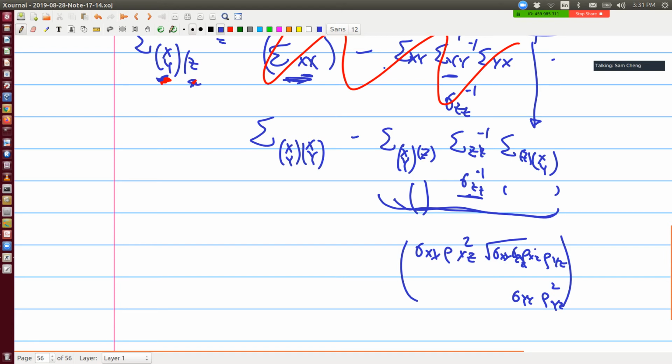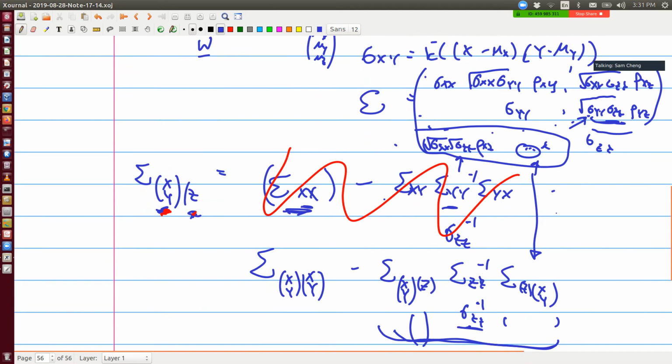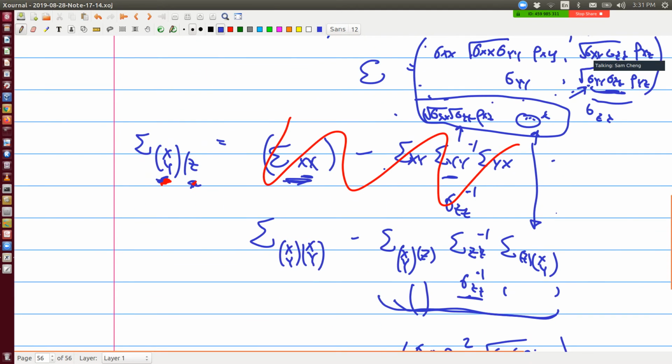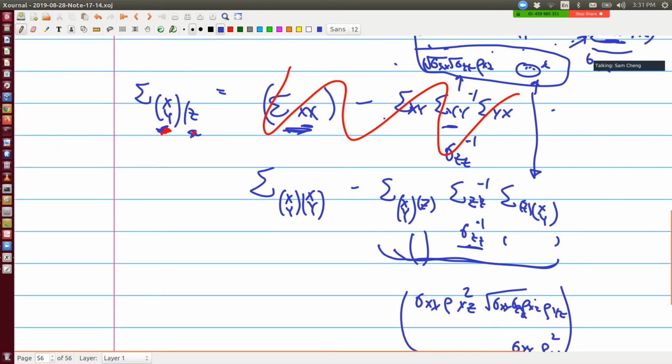Can you scroll down? This one multiply this one actually at z. We have like this is a column vector, right? This is a row vector, right?